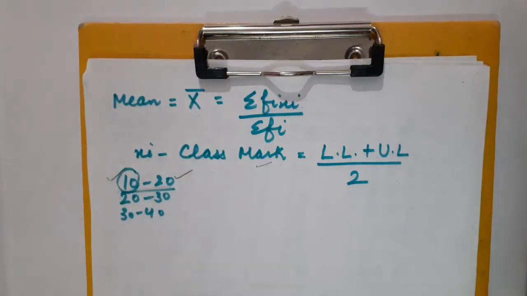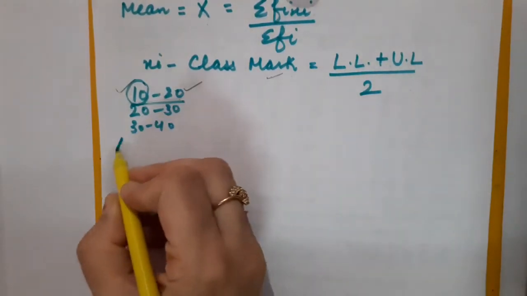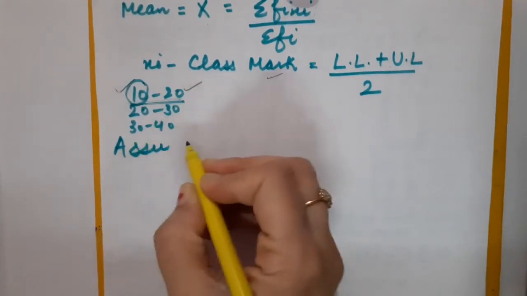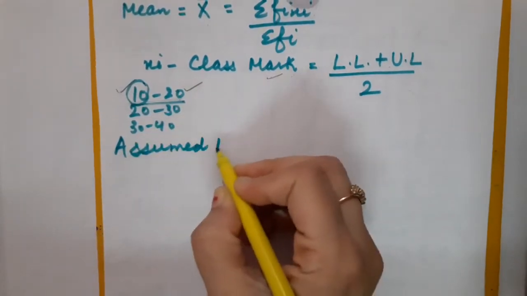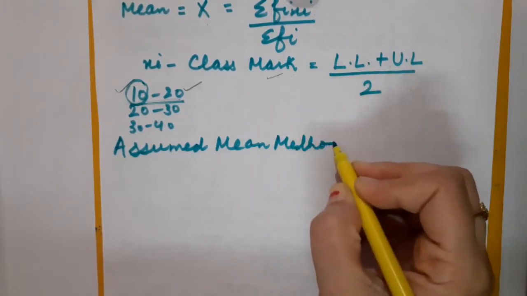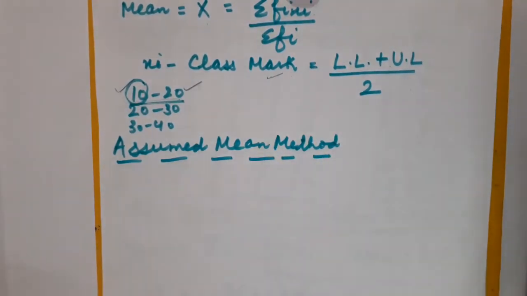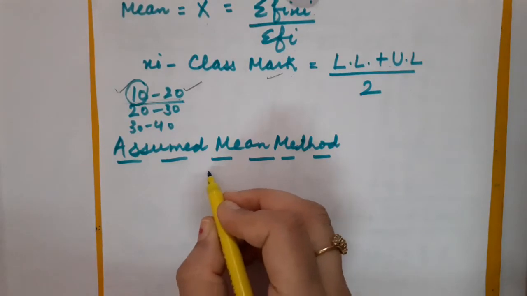Fine, students? So now children, I am going to begin with a new method, that is assumed mean method. This is the second method to calculate average or arithmetic mean. So let us learn its formula first.